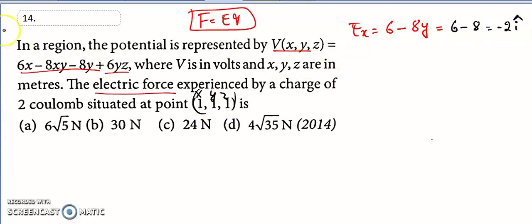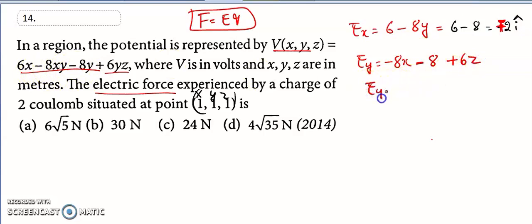Then Ey is equal to the y function, minus 8x. Here minus into minus becomes plus, but we have to put the minus sign last. So minus 8x minus 8 plus 6z.